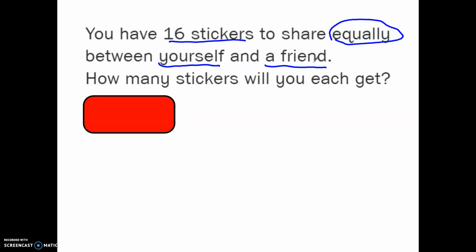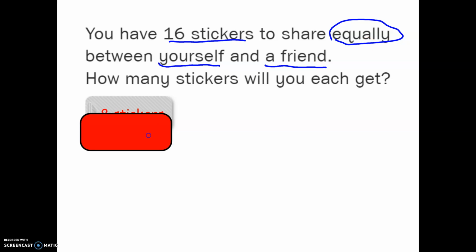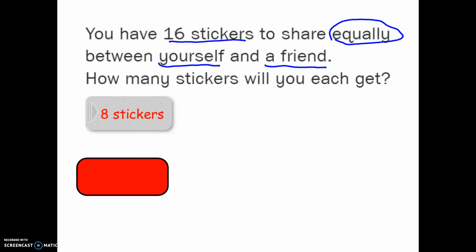No, they're not equal. 10 plus 6 is 16. Yeah, they're still not equal. Oh, wait a minute. 8 and 8 are 16. So if I get 8 and my friend gets 8, that's going to be 16. So we would each get 8 stickers.